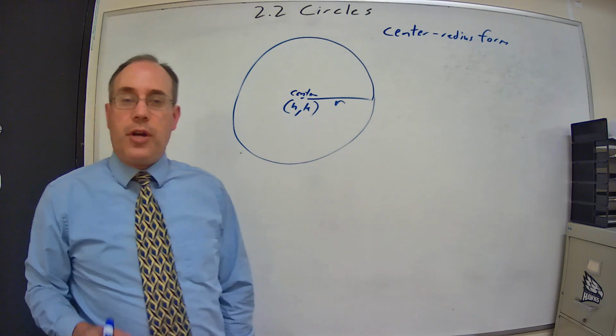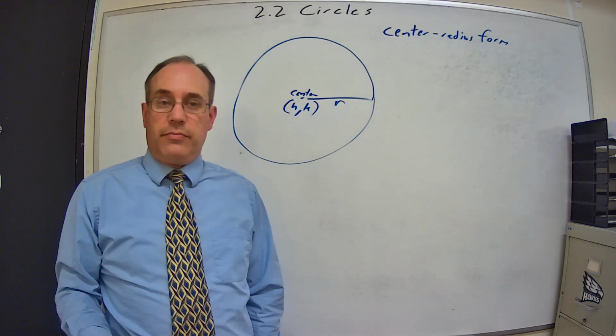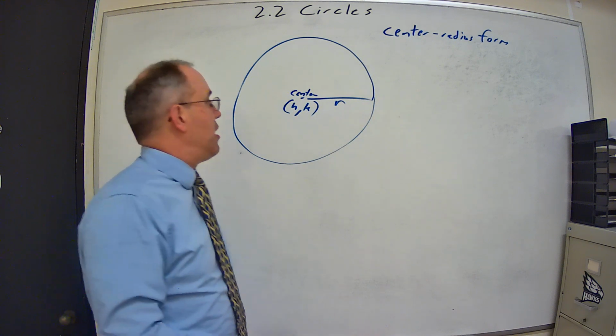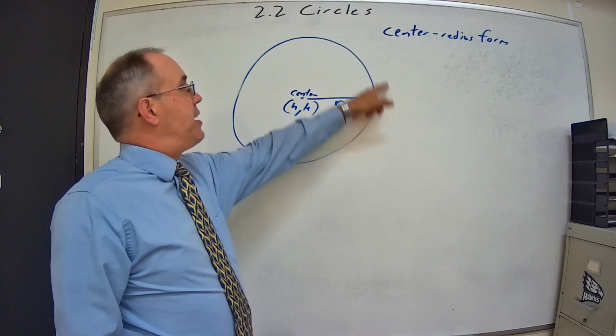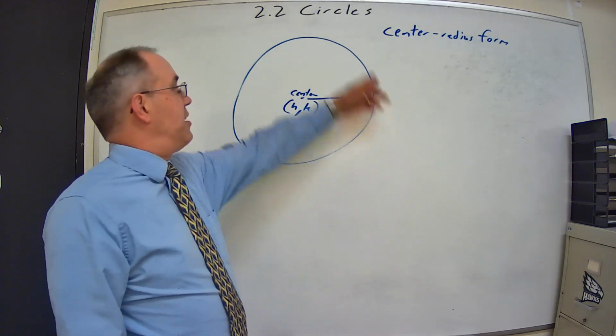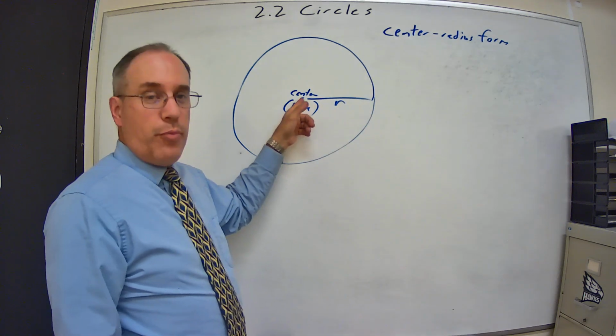And that form comes from the distance formula, the distance between 2 points, because as we said, the distance between the center and each point on the line is the same. It's the set of all points that are equidistant from a given point, the center.